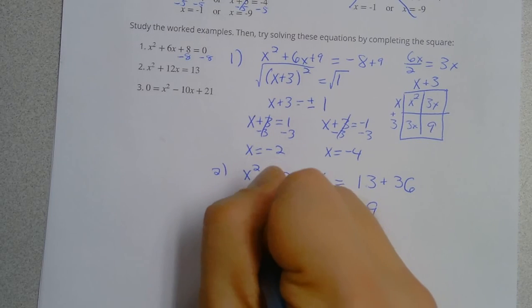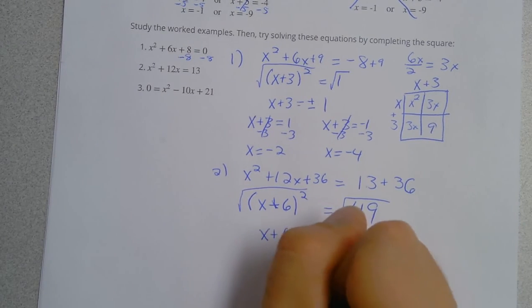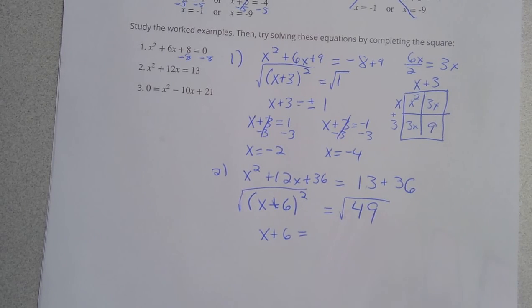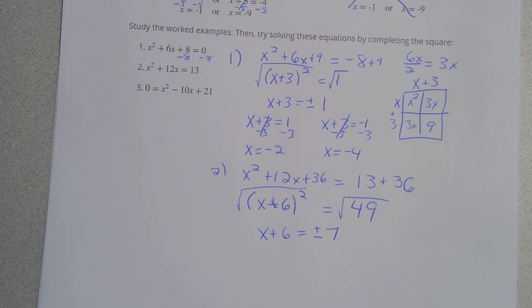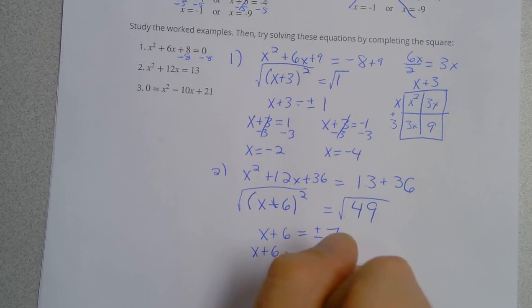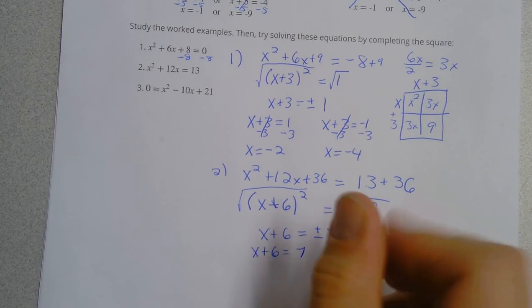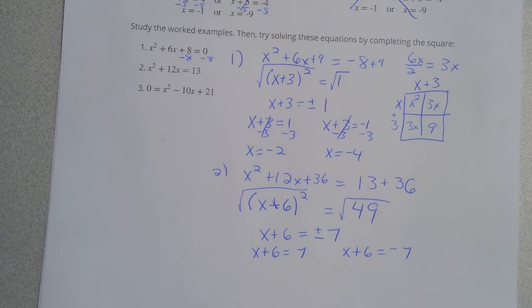So now I'm going to take the square root of both sides, and I have x plus 6 equals. The square root of 49 is 7, but had I not done my trick up here, I know it's actually 7 and negative 7. So I always write plus or minus 7 because it reminds me to split it into 2 equations. So x plus 6 is equal to positive 7, and x plus 6 is equal to negative 7.